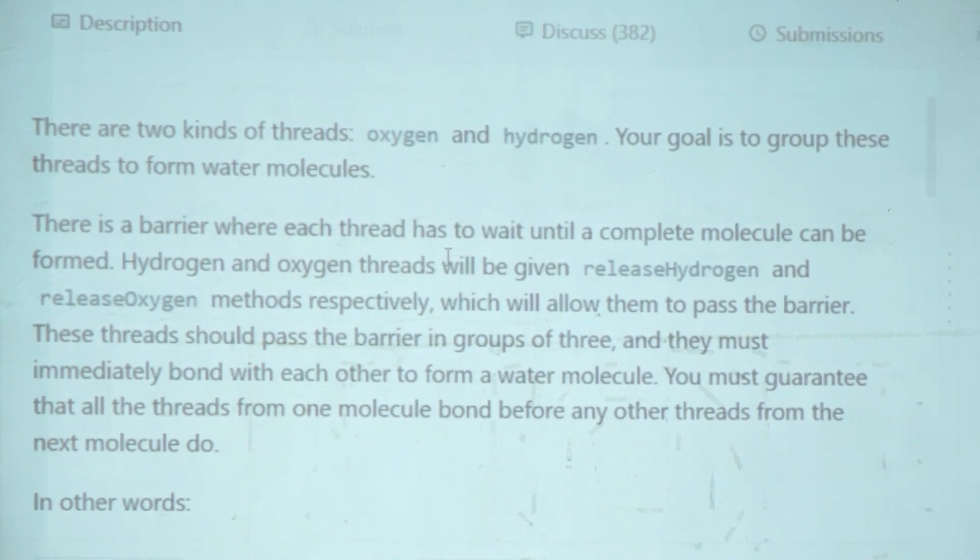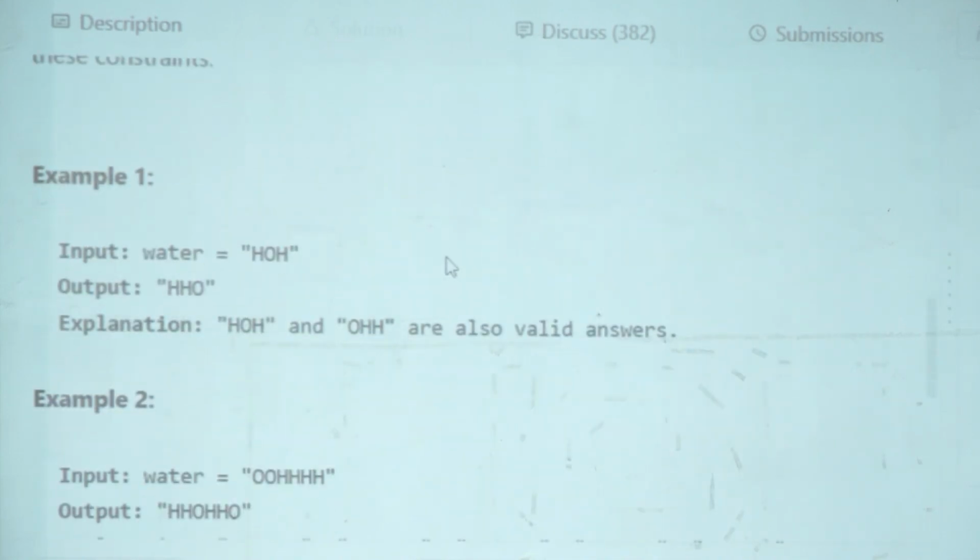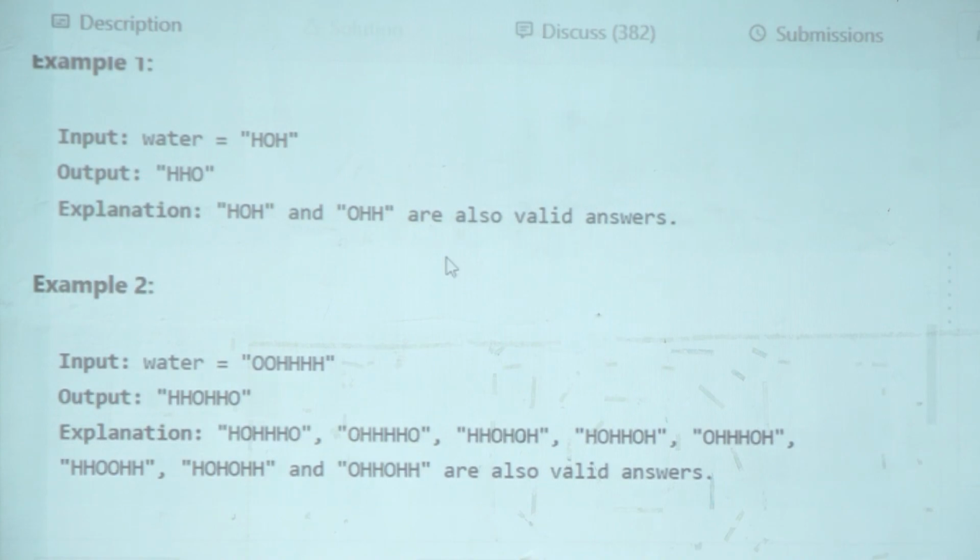So there are going to be 3 threads, 2 hydrogen threads and 1 oxygen thread. Output should come as hydrogen, hydrogen, oxygen. Again hydrogen, hydrogen, oxygen. So you have to manage your flags, wait and notify accordingly. You have to be a little more smart. Okay. Just a little variation.